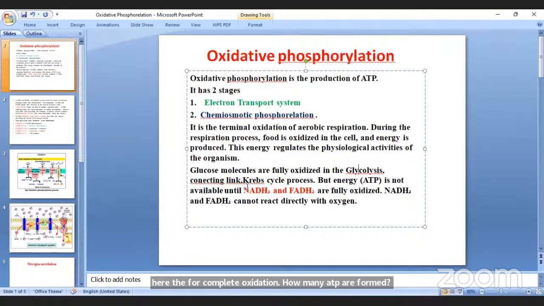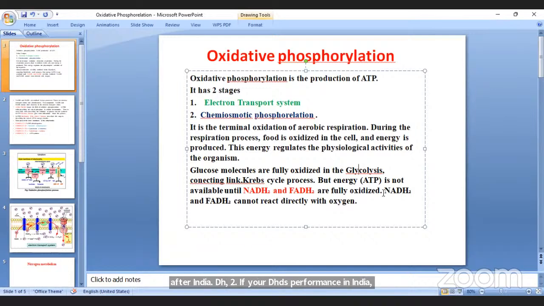Already we saw the balance sheet. So total 30. In some books 36 is given, but the most preferable is 30. Before oxidation, there is no energy. The energy is produced after the formation of NADH2 and FADH2.